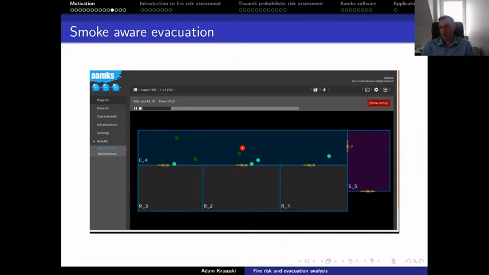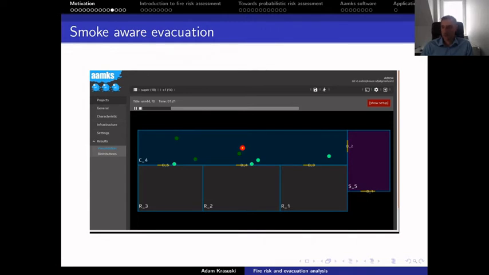And we are aware that the instantaneous smoke exposure has low or marginal impact on the evacuees compared to the long exposure.